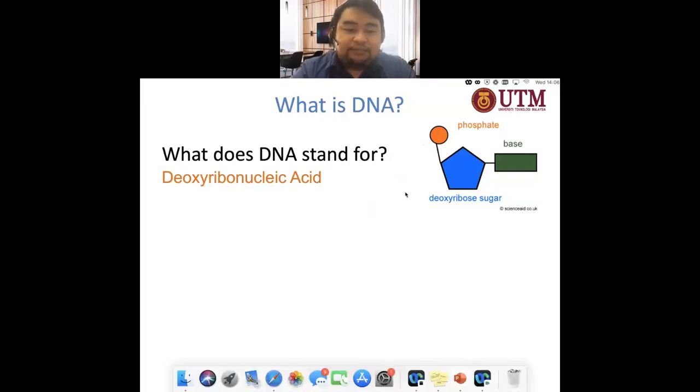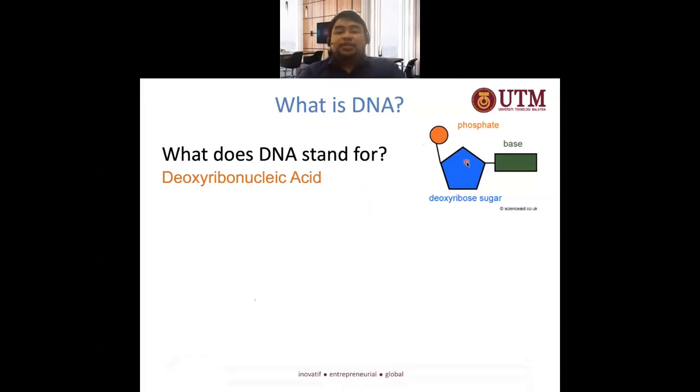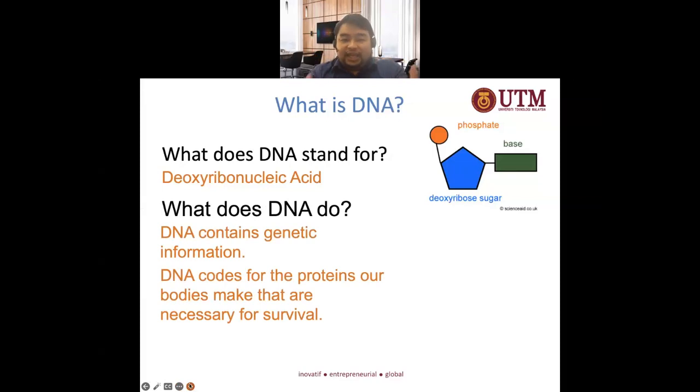The base we will look at after, the four types of different nitrogenous bases for DNA. All right. So when we are talking about DNA, what does DNA do? DNA contains genetic information. Imagine yourself inside the cell. You go inside the nucleus, and inside the nucleus there are a lot of DNAs.